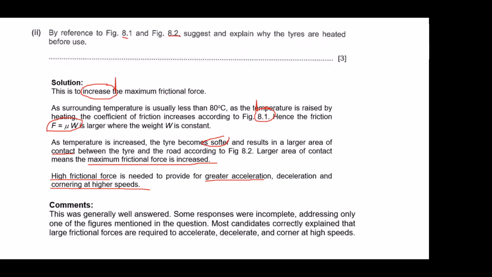Okay, generally this question was well answered, right? Of course, being both diagrams, you have to reference both diagrams. So just make sure you do not just explain one of them. Okay, large frictional force is required to accelerate, decelerate, and corner at high speed.